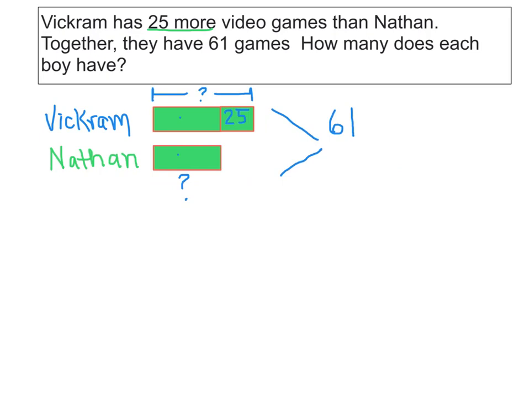Now, as I look at my picture, and I'm thinking about how could I find out how much these big boxes represent, I realize that they are the exact same amount. So if I get rid of that 25, which I can do by taking 61 and taking away the 25, that means there's 36 left after I take away my 25.